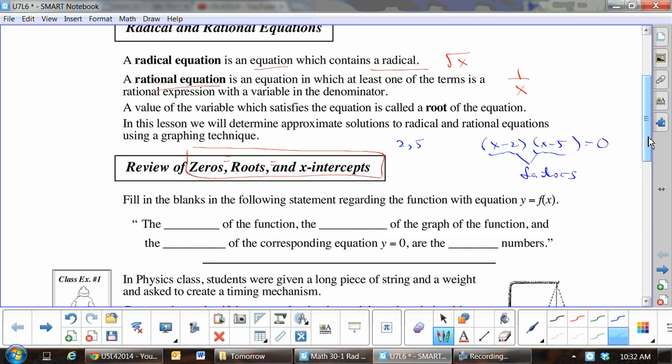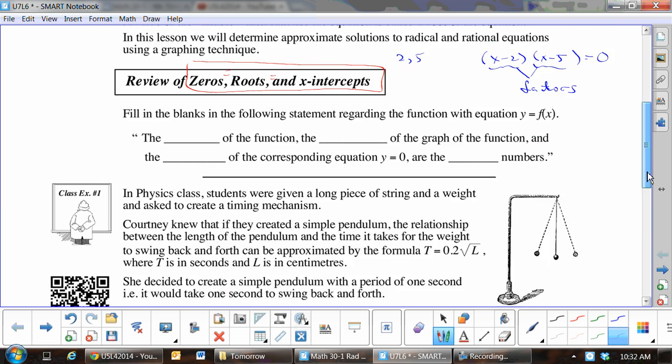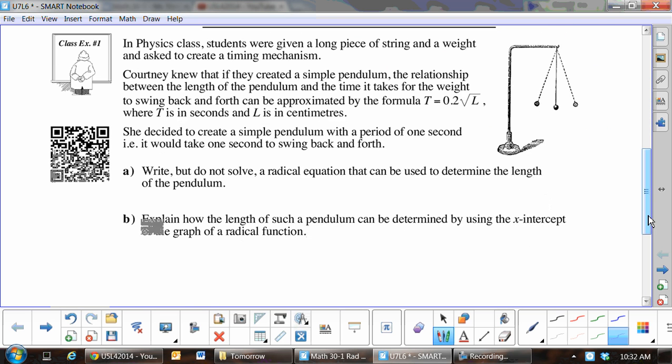Now, let's start off with a really, really simple equation. Here is a little ball on a pendulum, and it is swinging back and forth. The longer the string is on a pendulum, the longer it takes the ball to go up and then back again.